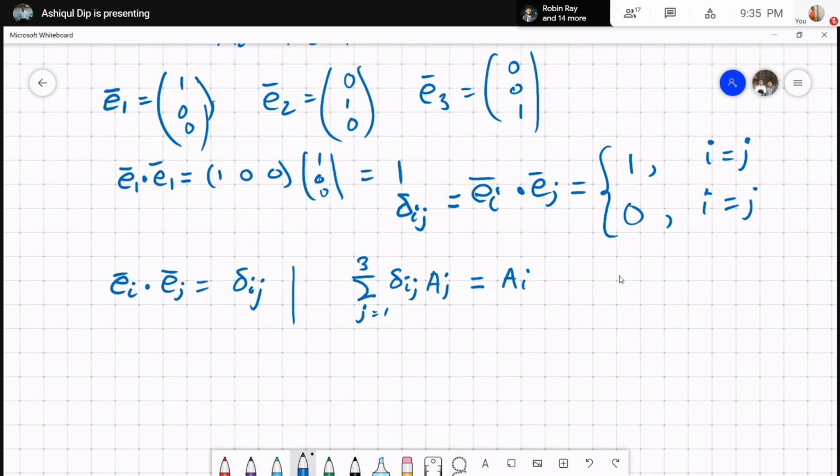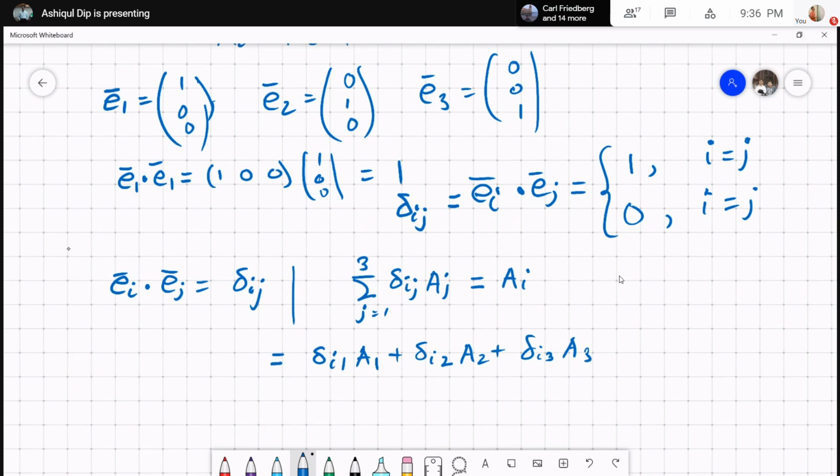Because the Kronecker delta just changes the index of A. When the indices are the same, it gives me 1. You can expand it: Kronecker delta i1 A1 plus Kronecker delta i2 A2 plus Kronecker delta i3 A3, right?